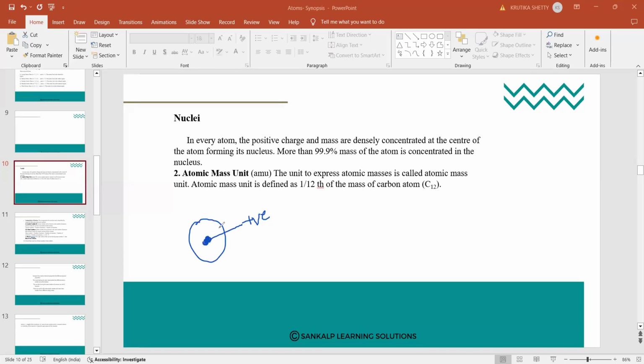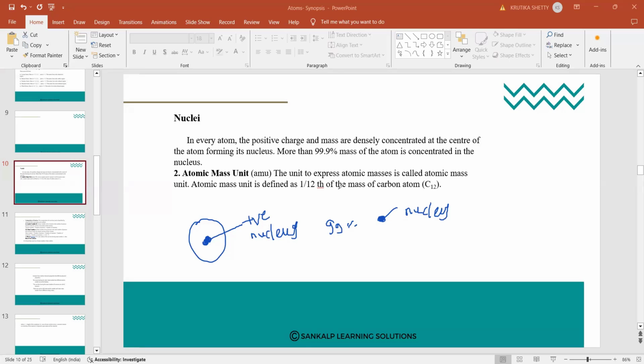This part, where the positive charge is concentrated at the center, is called the nucleus. ಈ ಪಾರ್ಟಿಗೆ ನ್ಯೂಕ್ಲಿಯಸ್ ಅಂತ ಹೇಳ್ತಾರೆ. More than 99.9% of the mass of the atom is concentrated in the nucleus. So the whole mass of the atom is there; 99% of the mass is concentrated at the center, that is nothing but the nucleus. Yes, what is the nucleus? Hope it is clear to you. Maybe you might have studied a little in chemistry also.